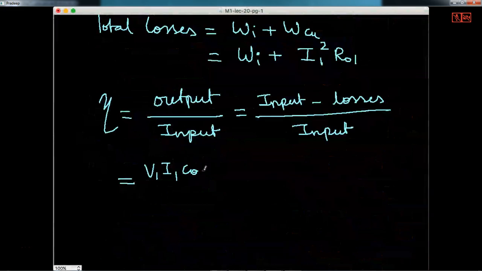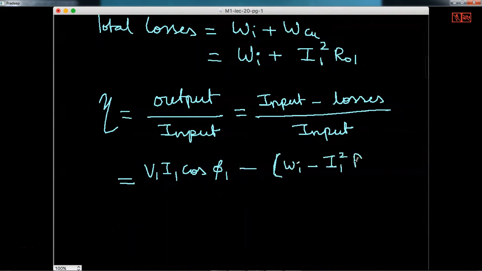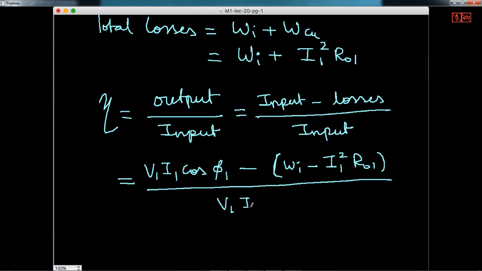Minus what are my losses? Losses are Wi minus I1 square R naught 1, and then divided by again the input, that is V1 I1 cos phi 1. So like this I am getting the input. Now I can further simplify this.